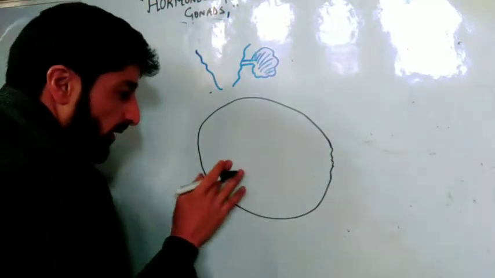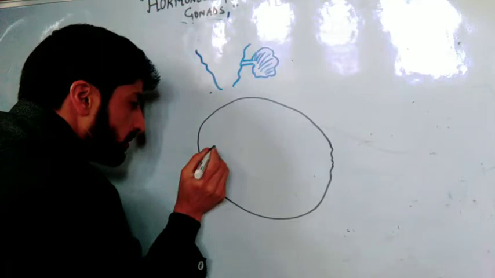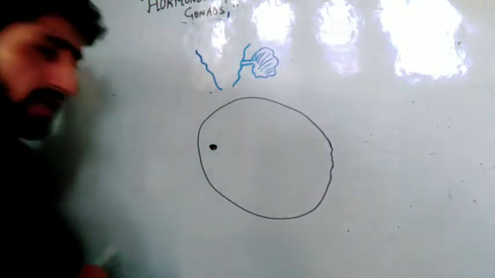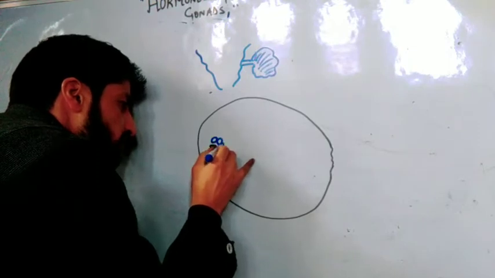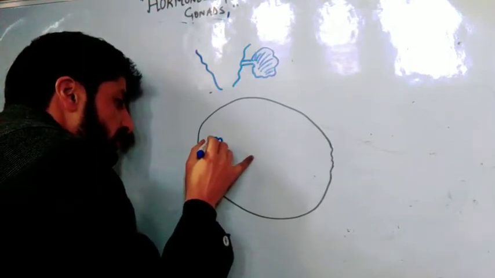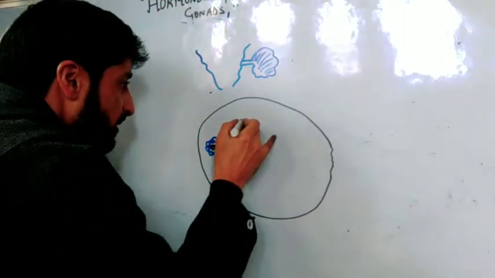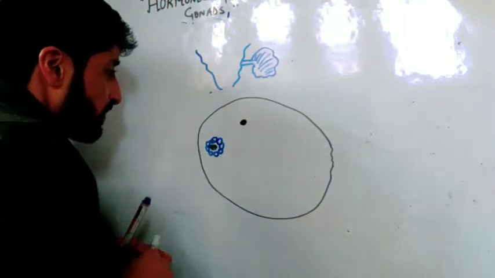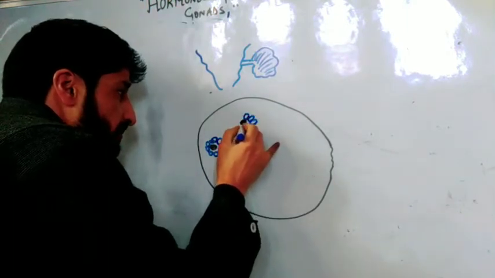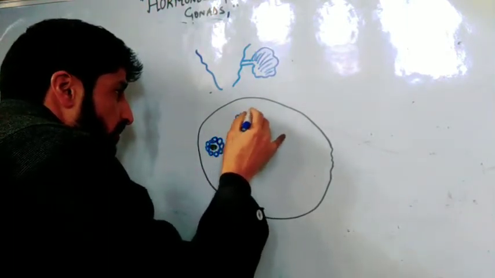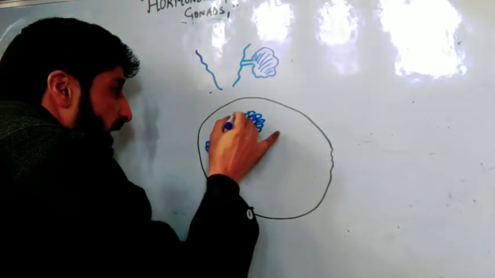Each ovary contains special structures. In class 12th, you have to study reproduction in detail. But right now, we have to deal with the endocrine part. We have to study ovary as an endocrine structure.